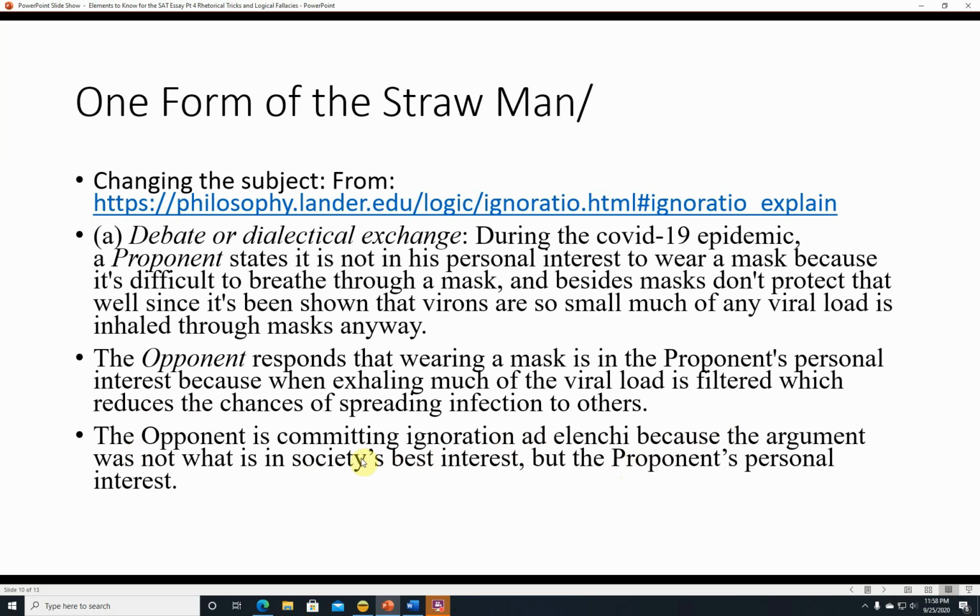So assuming that the proponent doesn't care at all about society in general, then yeah, technically it's not in his best interest, it's just in society's best interest. So that is ignoratio elenchi, it's not the same argument, even though they're pretty close.